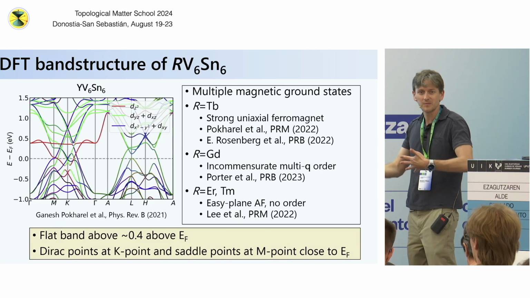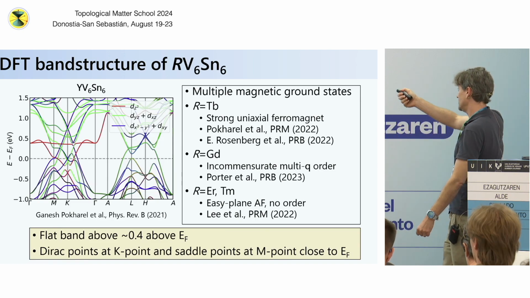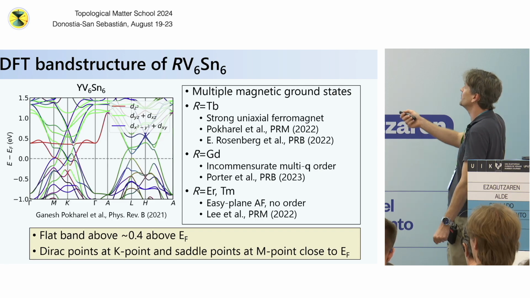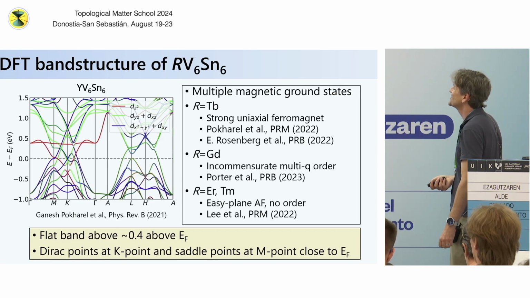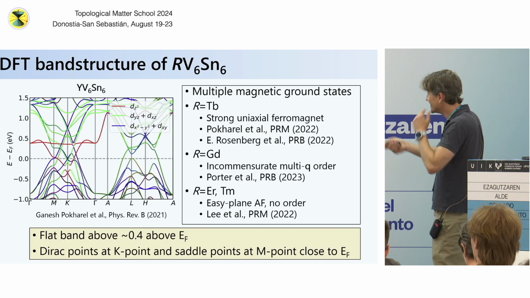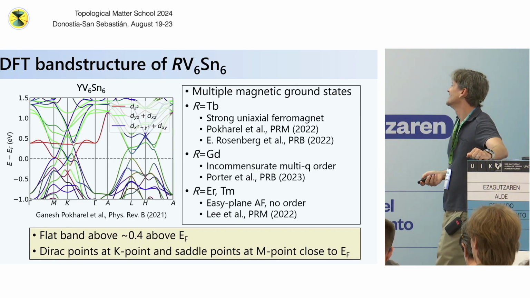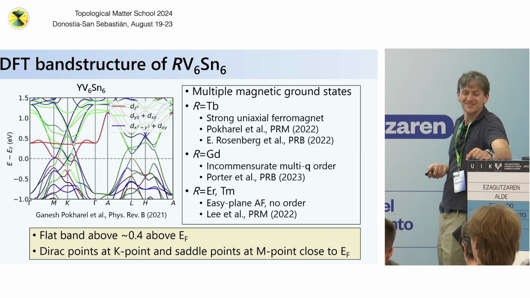Playing these typical games by tuning anisotropies, by tuning the content of the rare earth ions. But for this, I just want to focus on the yttrium for now. The oddity of the yttrium thing is that you would think this should somehow map to the physics of the 135 systems, but actually this system doesn't show any type of phase transitions or order that we've seen, or anything anomalous.